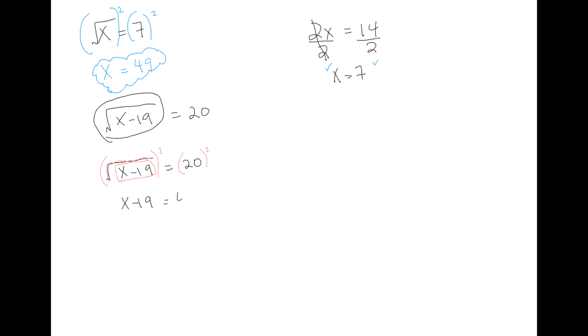It's kind of large, but okay. And then it's back to regular equations. X minus 19 equals 400. I'm going to add 19 to both sides.